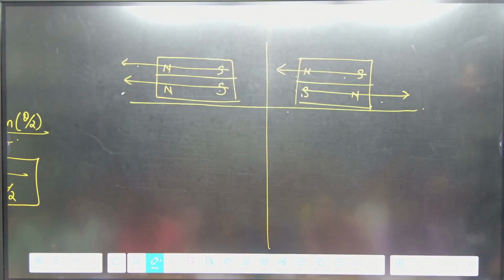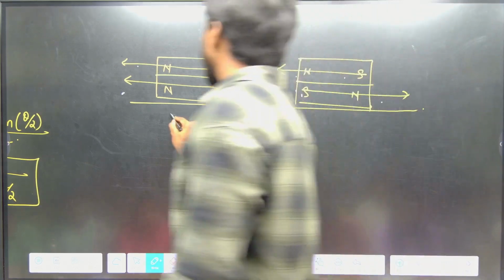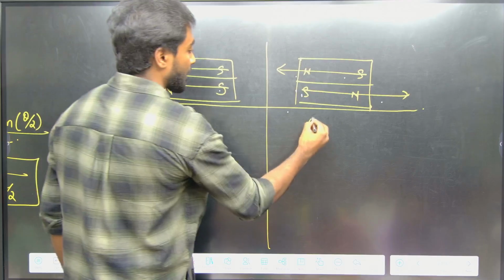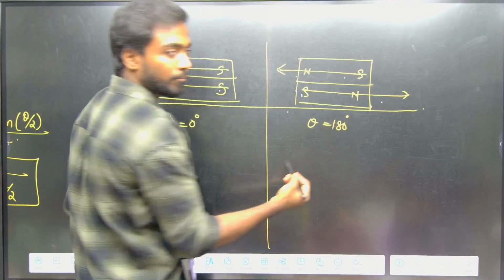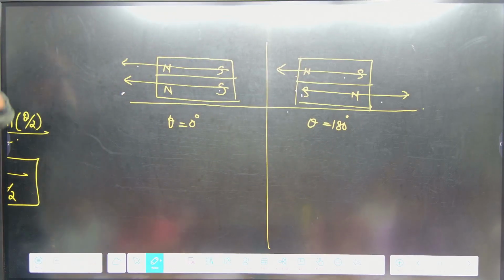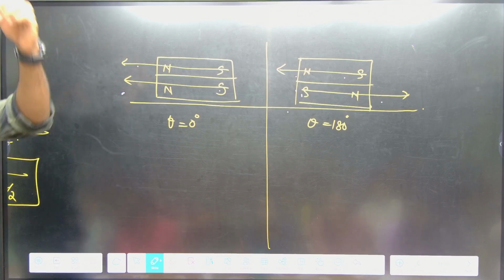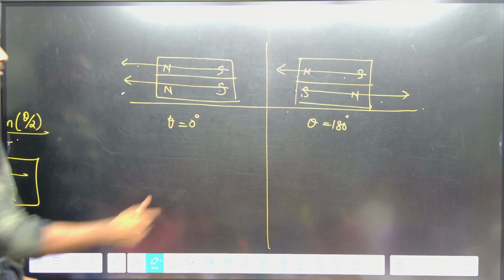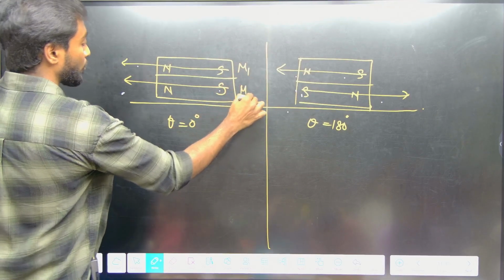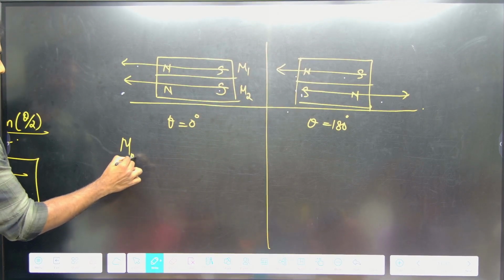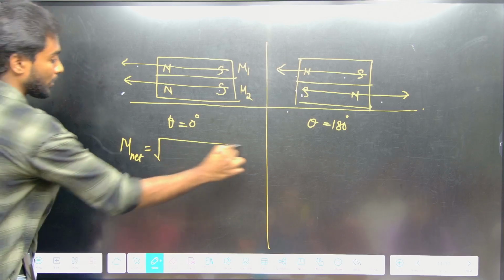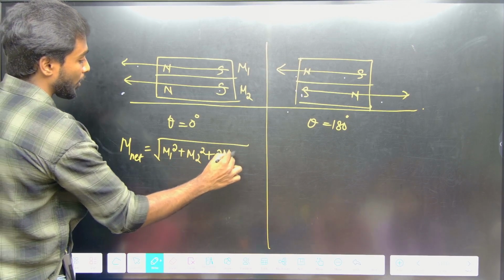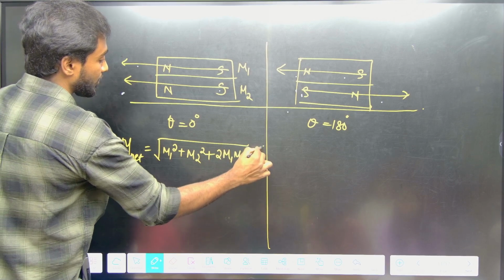So what is the angle for the first one? Theta is equal to 0 degrees, parallel, and theta is equal to 180 degrees. Since it is a vector quantity, I can use vector addition. Suppose I consider this as m1 and this as m2, M net will be equal to root over m1 square plus m2 square plus 2 m1 m2 cos 0.